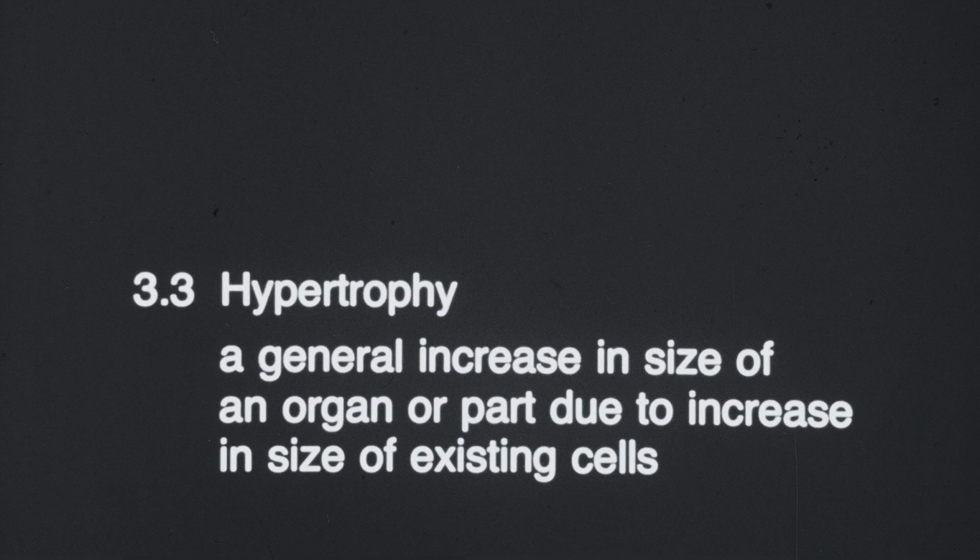The first of the disturbances of growth is hypertrophy. Hypertrophy designates a general increase in the size of an organ or a part due to an increase in the size of existing cells. No new cellular elements are added. Hypertrophy of cells and organs occurs in a variety of physiologic and pathologic conditions.